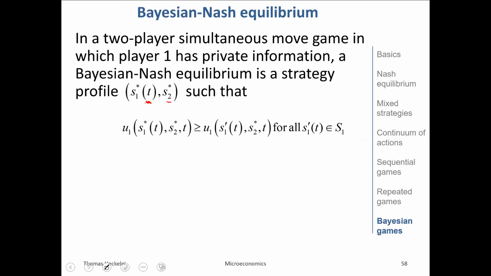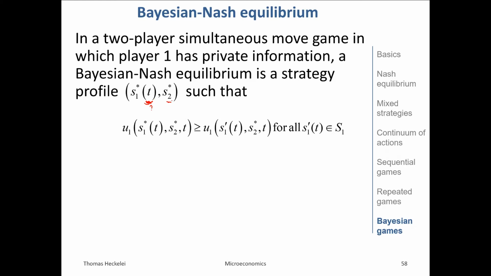Why is T here? Because earlier we said that player 1 observed his type. So the strategy he adopts will be conditioned on this type, or in math language, S1* will be a function of T. T is taken into consideration.